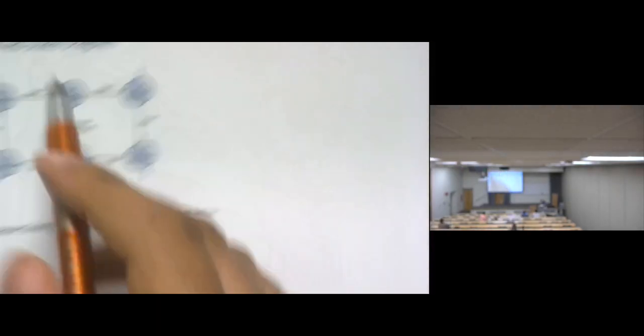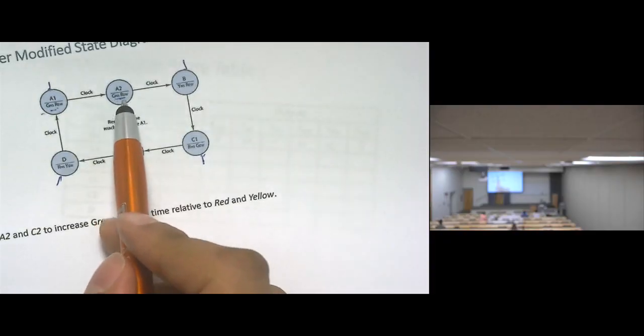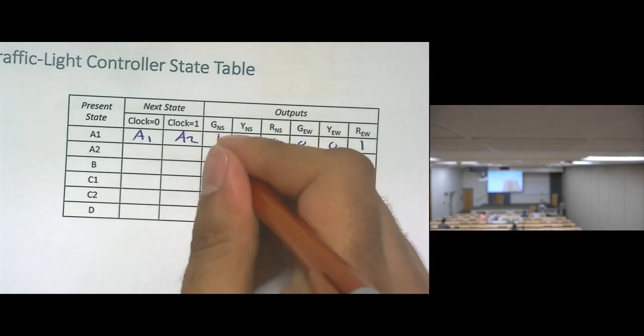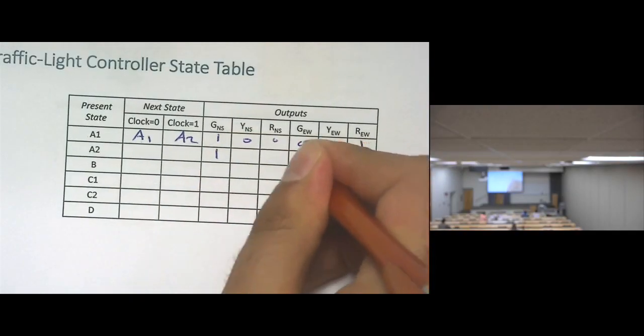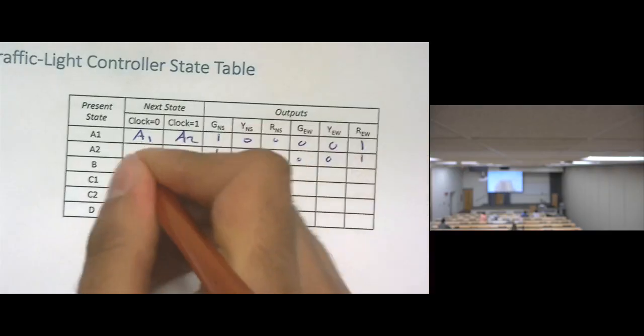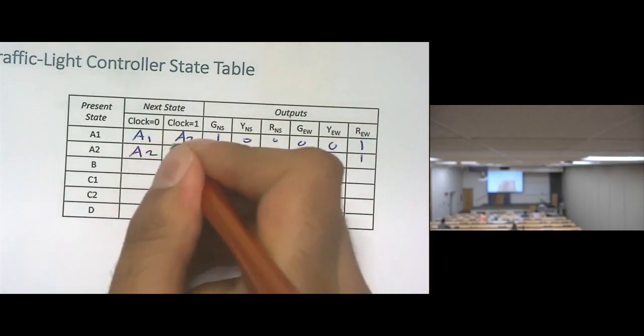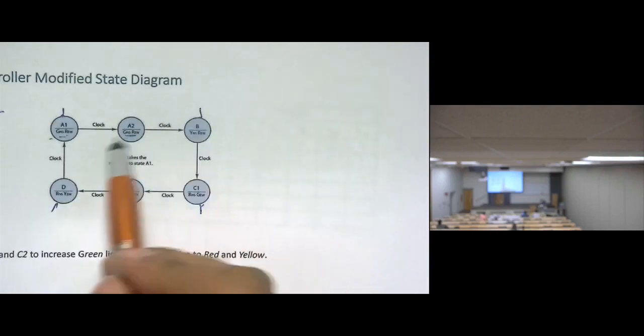For A2, the green north-south is on, red east-west is on. So here is 1, 1, and the rest are zeros. If the clock is not done, I will remain in the same state. If the clock is done, I will go to the next state, which is B. Right?